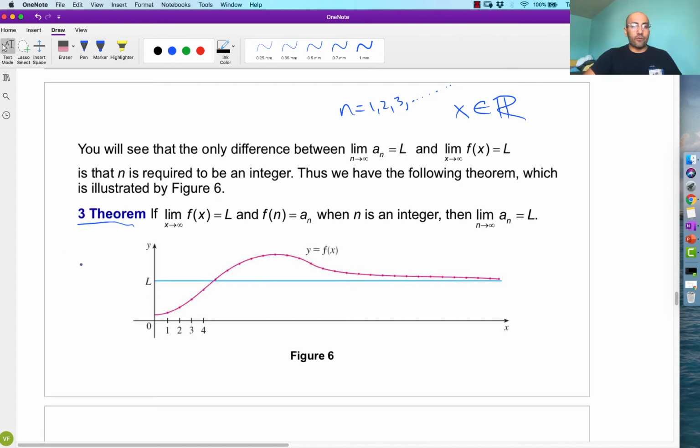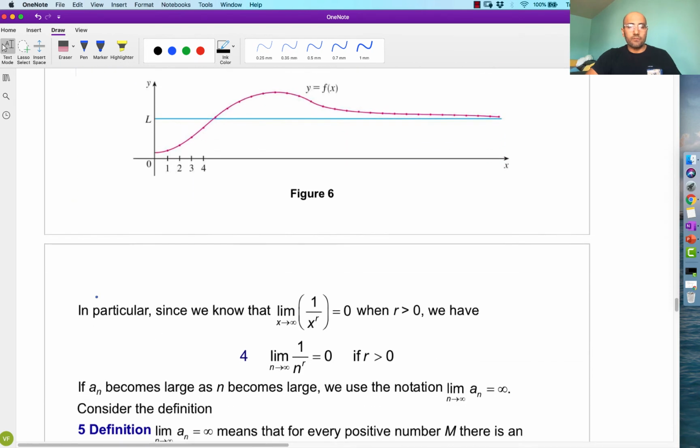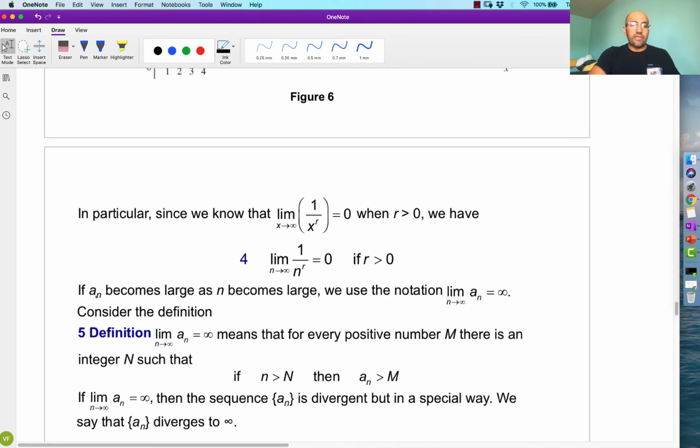That's going to be very useful in this section. This is a very useful theorem. Right? So we don't have to reinvent the wheel. Everything we know about continuous functions can be interpreted to the cases where we're only looking at sequences. In particular, since we know that the limit as x goes to infinity of 1 over x to the r power equals 0 whenever r is a value strictly greater than 0, we can convert that to the case where we have integer values.